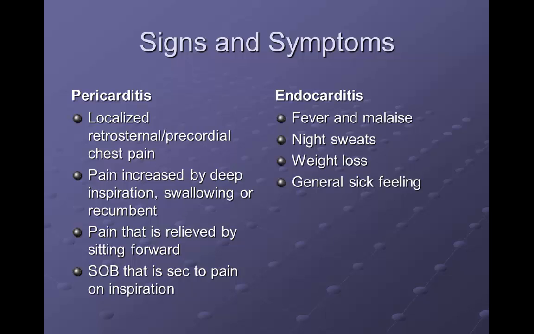Let's talk a little bit about the pathophysiology before we go into the signs and symptoms. Basically, after colonizing, the bacteria, vegetations, microorganisms are covered by a layer of fibrin and platelets which prevent access by neutrophils, immunoglobulins, and complement.